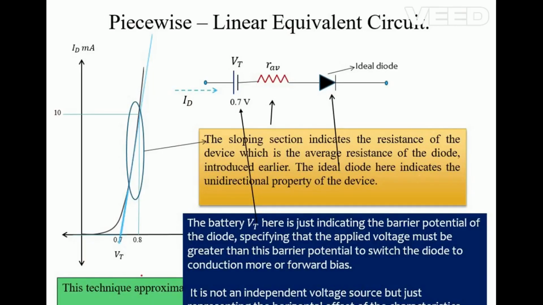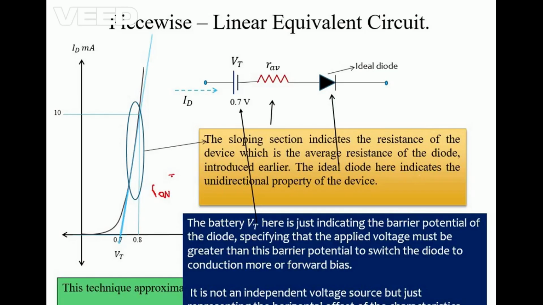For example, over here we have introduced 0.8 volt, there is a sharp increment in the current, and we are having 10 milliampere of current. So we know that the average AC resistance is the difference of maximum to minimum voltage.